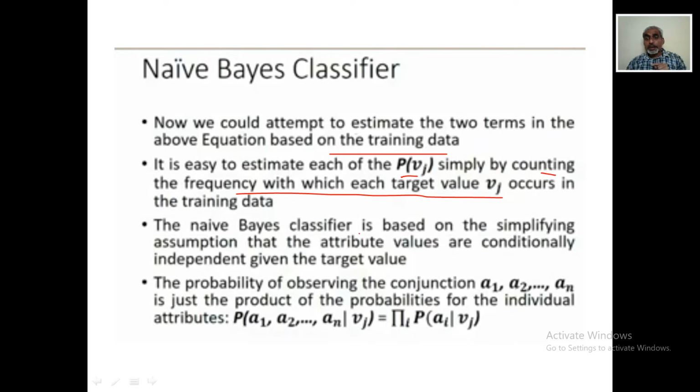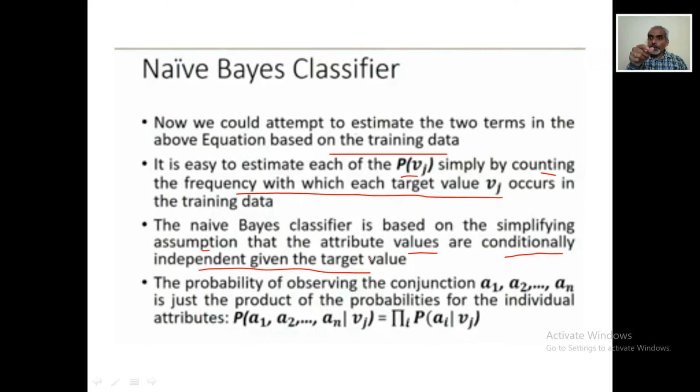The naive Bayes classifier is based on the simplifying assumption that the attribute values are conditionally independent given the target value. Now in our naive Bayes classifier, here also we are going to make one assumption. What is that assumption? It says that all the attribute values, like outlook, temperature, all those things we have seen, are conditionally independent.